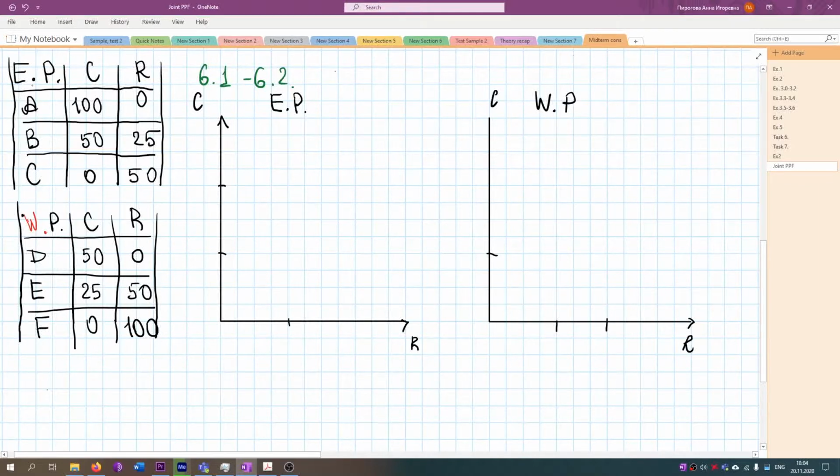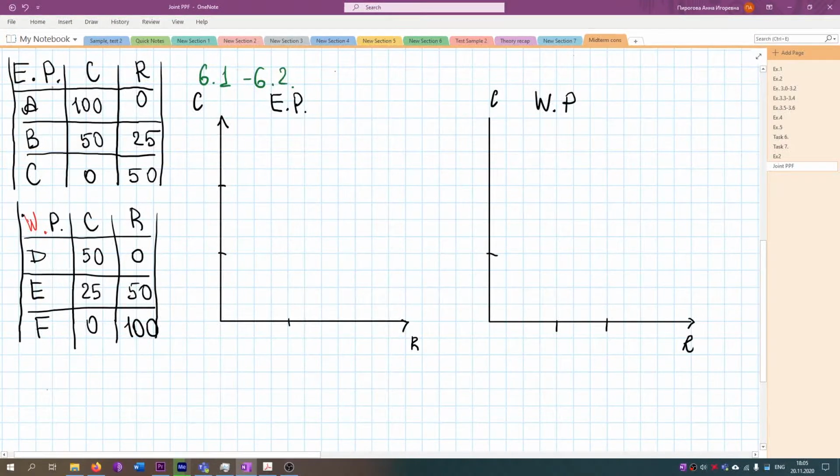Hello guys, let's consider one extra task about how to draw a joint production possibility frontier. We are given two tables about Eastern production and Western production, and these are two factories.